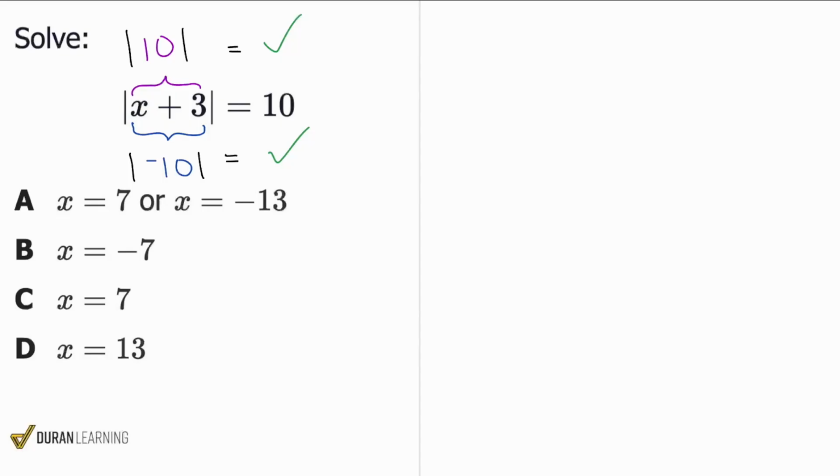So let me show you what just happened here. All I said was, if, hypothetically speaking, what we got in this absolute value was a 10, that would be correct. If we got -10 in there, well, the absolute value of -10 is positive 10, so that would work too. Here's how this helps us. I said, if x plus 3 equals 10, then we have ourselves a proper equation.